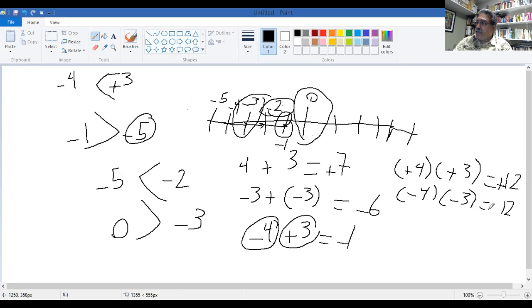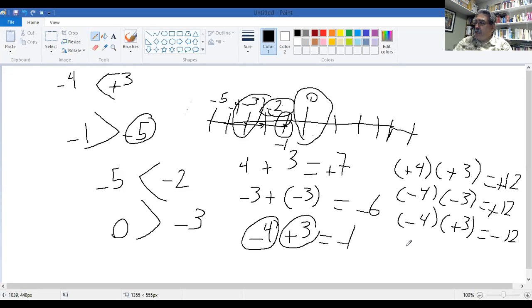Negative times negative is plus. But if the signs are different, one is negative and one is +3, you end up having plus times negative is negative. 3 times 4, 12.